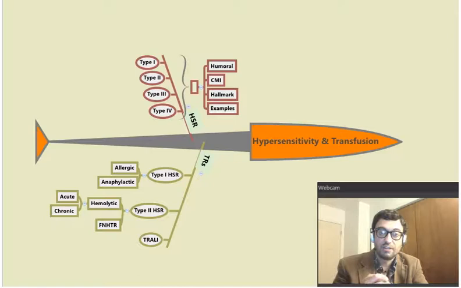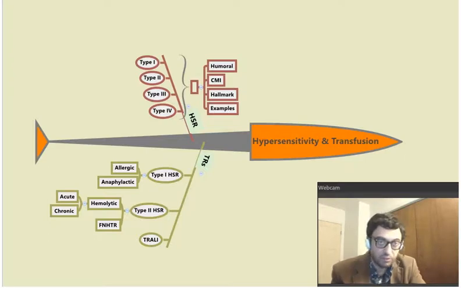Now we can focus on transfusion reactions that are due to type 1 or type 2 hypersensitivity reaction. Well, transfusion reaction that's type 1 hypersensitivity reaction is either allergic or anaphylactic. What is the difference? The difference is just the severity of symptoms.